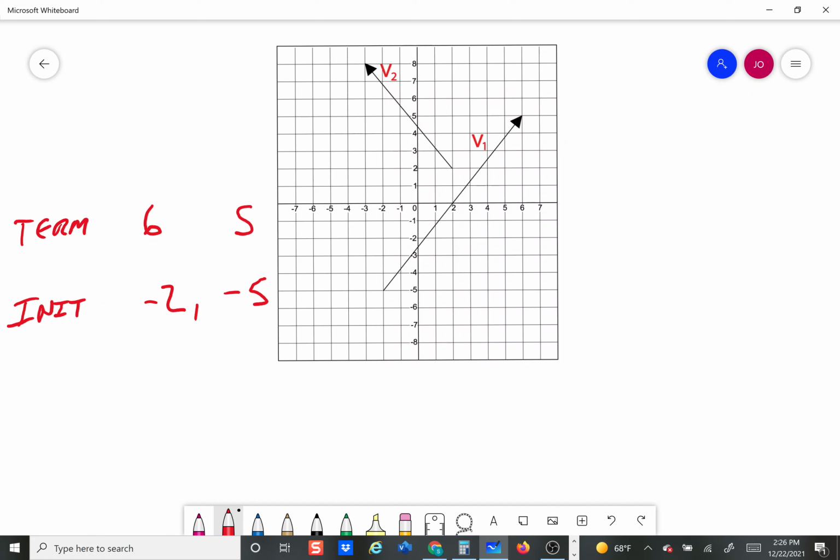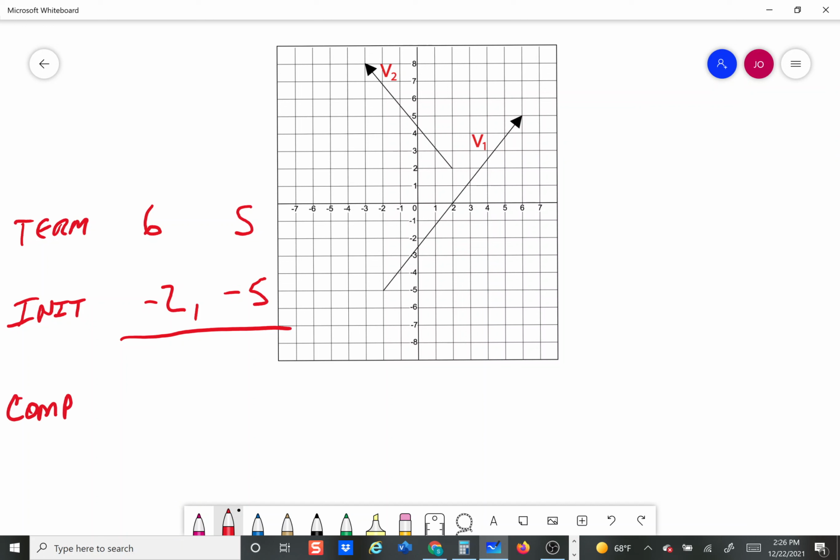So we can see that this vector v1 goes up and to the right. When it goes to the right, we said that anything going to the right on the x-axis was positive, and we can see that it goes up, and anything that goes up on the y-axis is positive. So we know the component form is going to be both positives, right? Because it goes up and to the right.